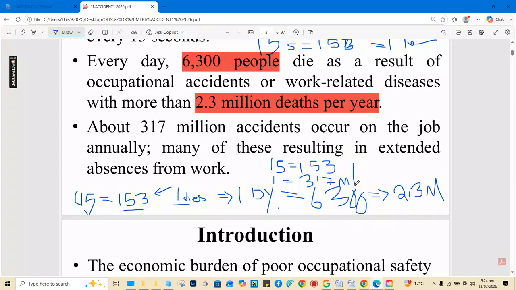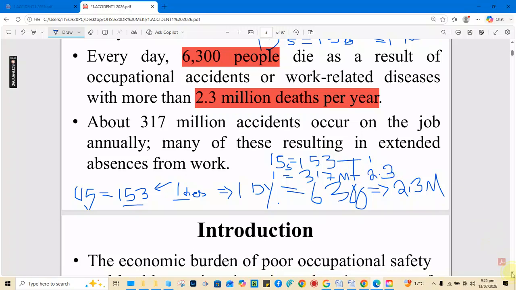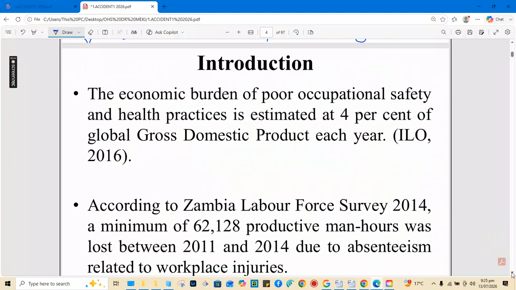Then we said out of these 153 who get injured in 15 seconds, only 1% dies. And then out of these 317 million in a year, how many die? 2.3 million. So that's how we get our data there.